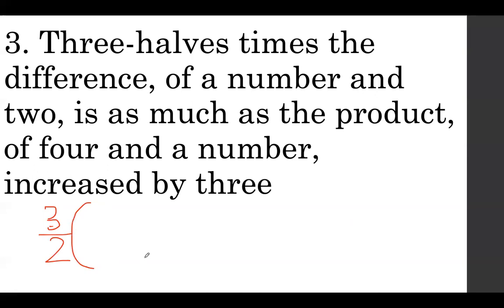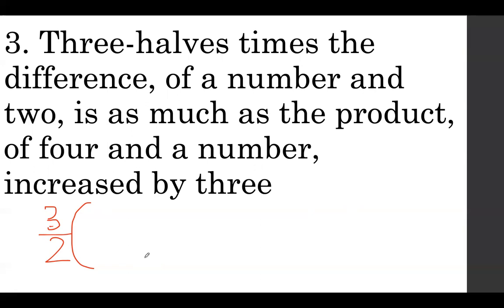So if you have times the difference, the sum, the product, quotient, anything like that, you're going to be using parentheses. So we have the difference, so we know we're going to be subtracting two things, of a number and 2. Now, when you see the word difference, we know it's subtraction, but specifically what's important is that whatever you see behind it is in the order that it must be written.